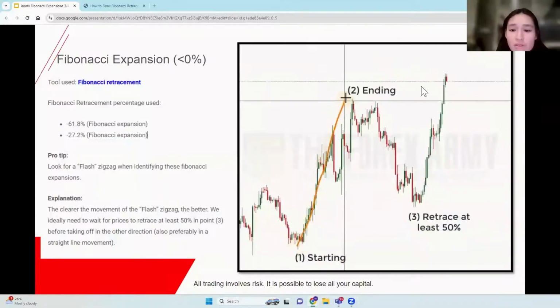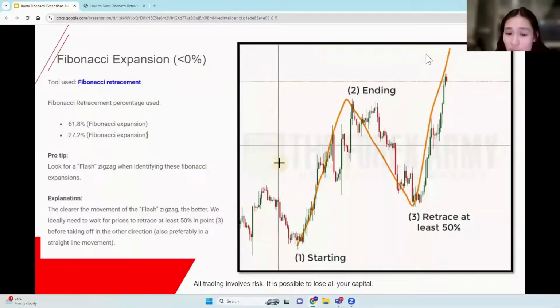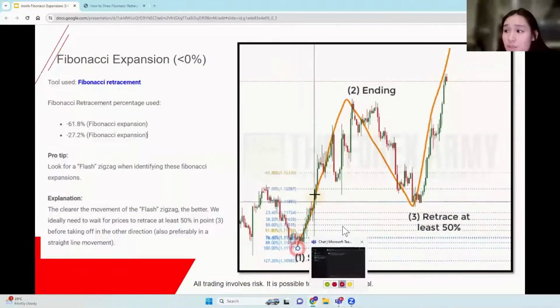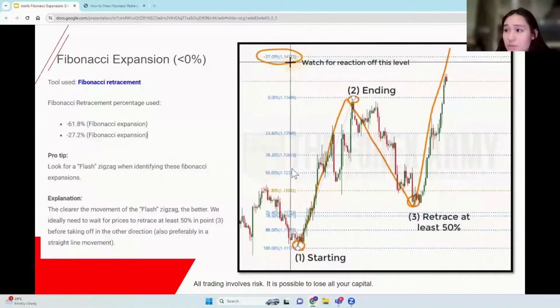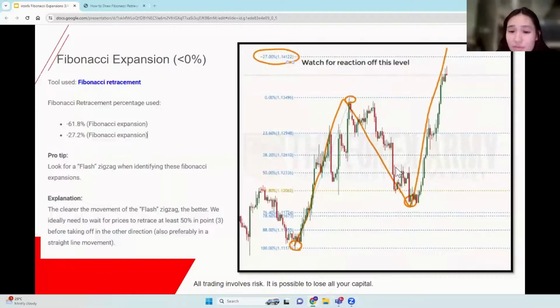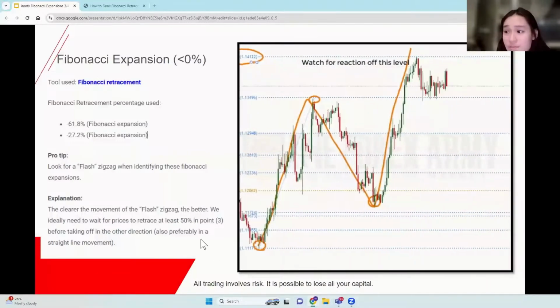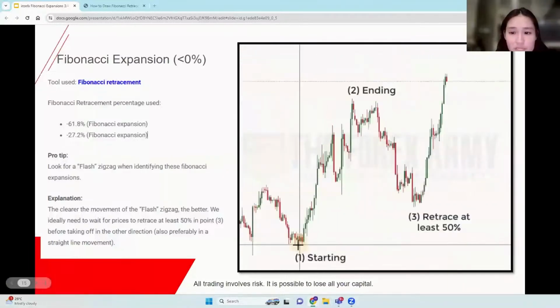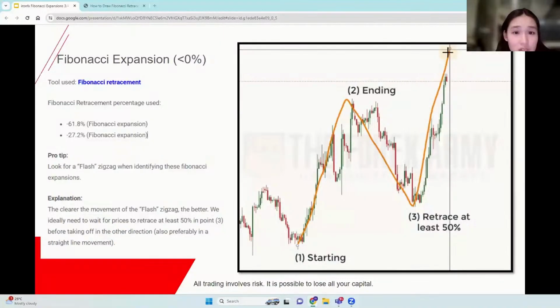If price breaks out of the minus 27.2, then we would go on to look for the minus 61.8. But it's important to note that this point 3 here should be more than 50%, which is over here where my mouse is at. It should surpass that level before you can use this Fibonacci expansion technique. Maybe I'll just pause here and let you guys watch the GIF a couple of times.